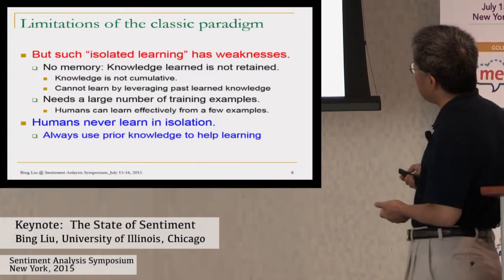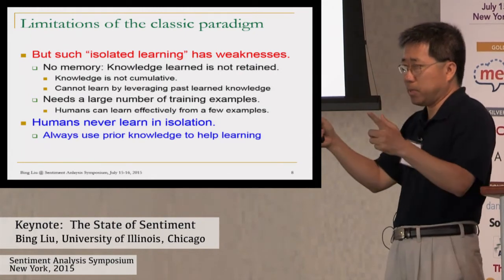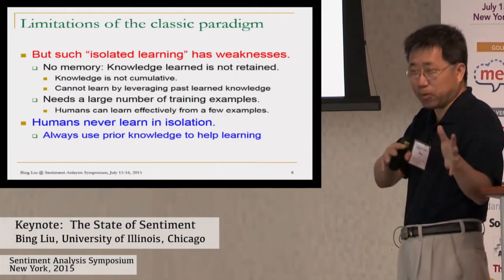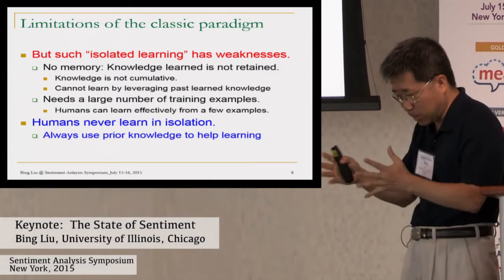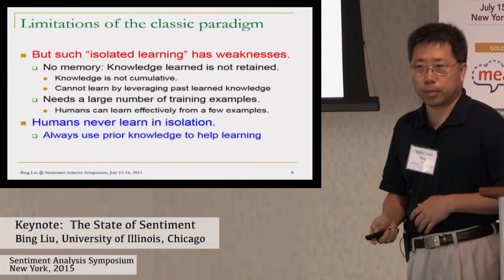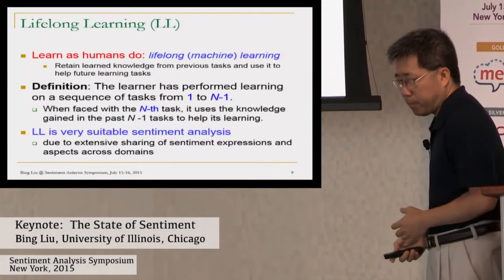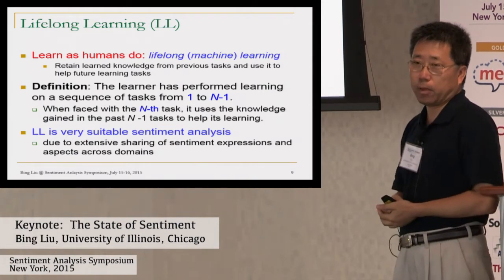But human beings never do it that way, right? We never learn something from this data and then forget everything before, and next time just look at another data. We always use prior knowledge to help us do better. And so this is what is called lifelong machine learning.